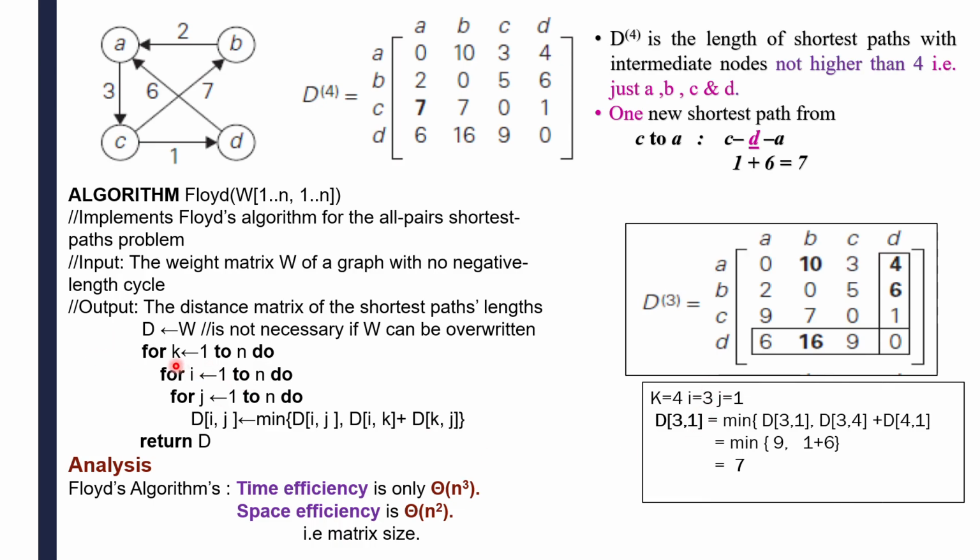Actually it starts from k equal to 1, and next you have to repeat for i equal to 1 to n, if n is 4, meaning when k equal to 1, i is 1 to 4 and j is 1 to 4. You have to repeat this procedure for every row. If k is 1, then you have to find for all the rows here. D1 means what? 16 times you have to repeat this.